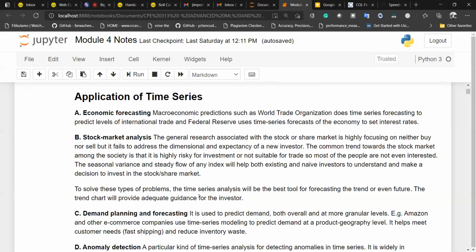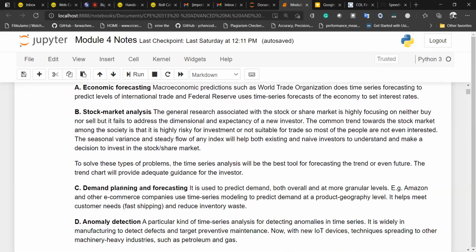Okay, another application of time series is in demand planning and forecasting. Basically, they are used to predict demand, for example, the demand for electricity. In other countries they do it, in Taiwan, in the United States, in Europe, in the Middle East, they perform demand analysis of how much power they need.